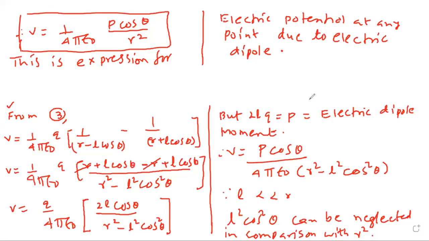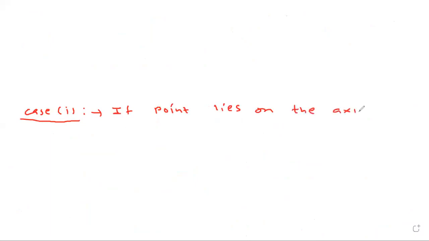Two cases. Case 1: if the point lies on the axis, therefore theta equals, if the point is on the axis, what is theta? This is the dipole, plus q and minus q.